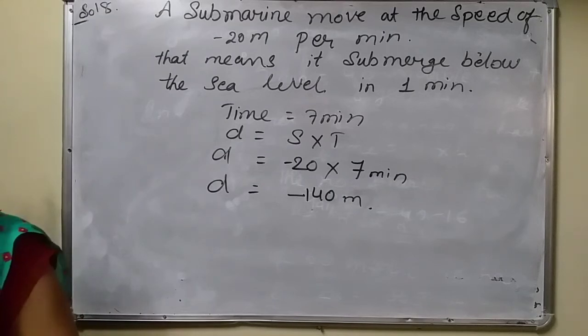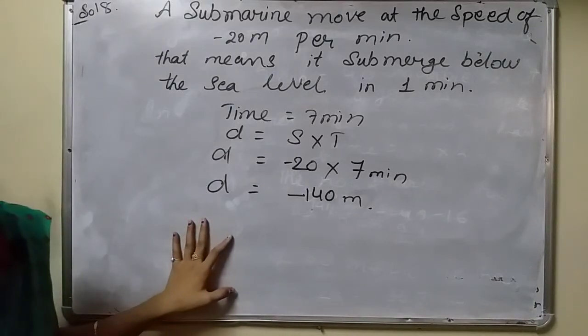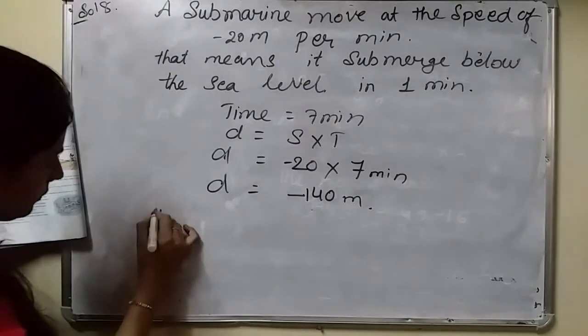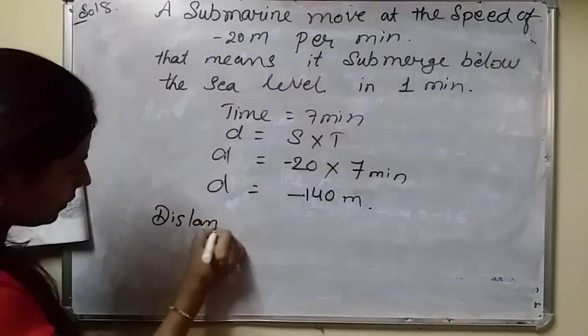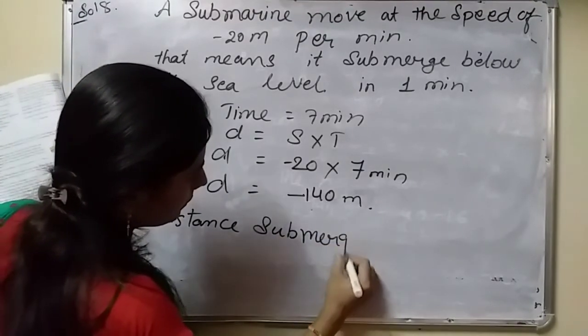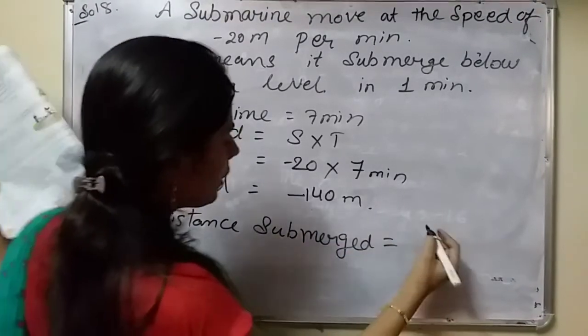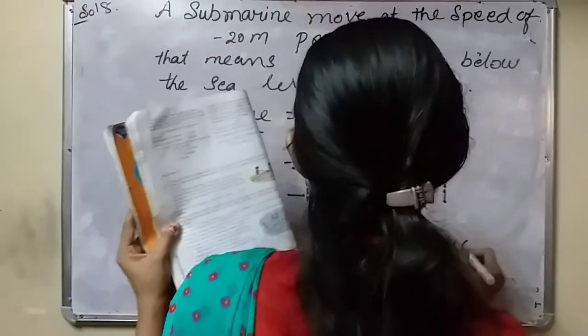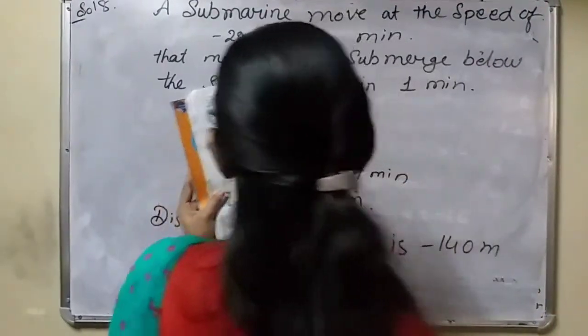Now see, distance submerged is equal to minus 140 meters.